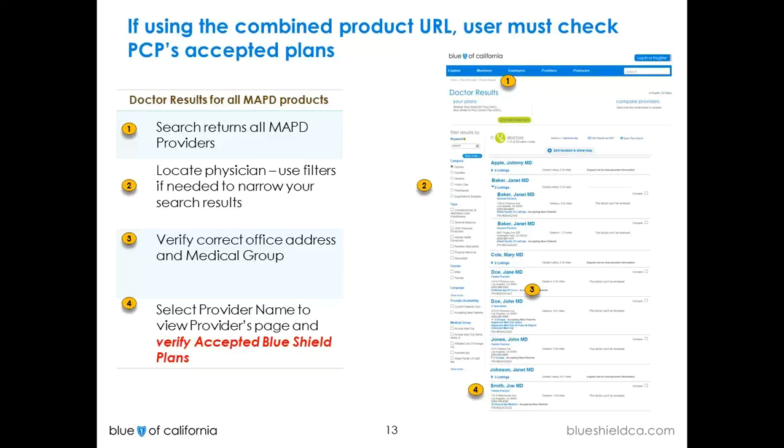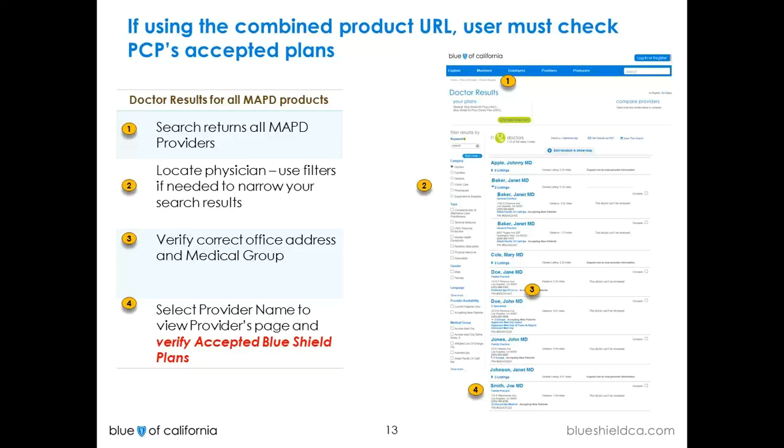Okay. Then you want to make sure you look to see number 4, for example, on the bottom where it says, I think this is Smith, Joe Smith. Make sure that you verify if they accept 65 Plus or the Choice plan.